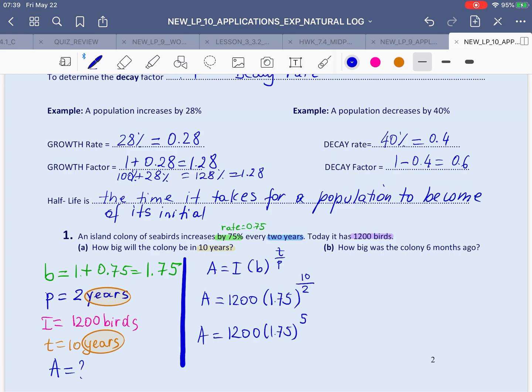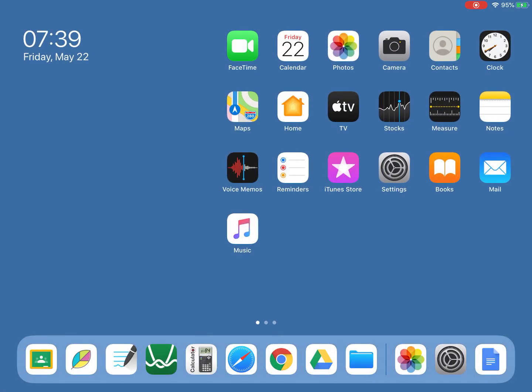So we have 1,200 times 1.75 to the power of 5, right? So you can tell actually, and we can talk a little bit about this. So 10 is the total time, 2 is the period when the 75% increase occurs, right? So 5 times the population will increase by 75%. I hope that makes sense.